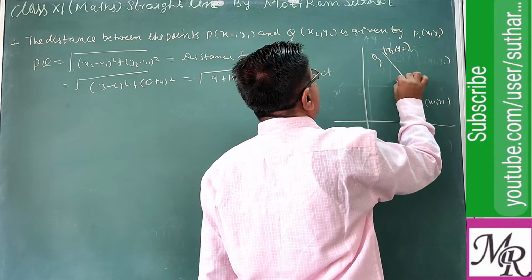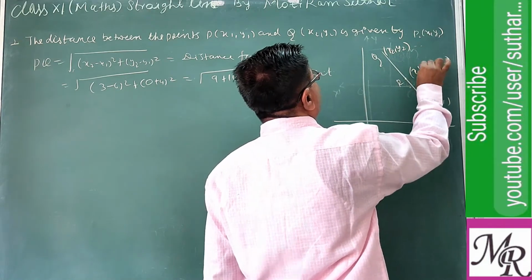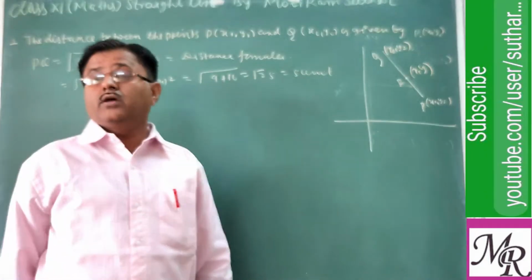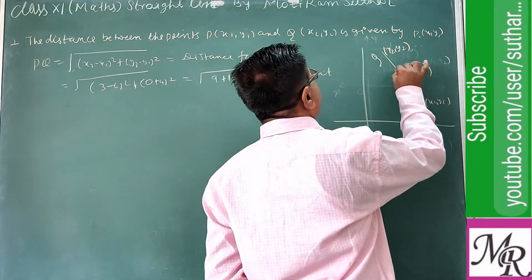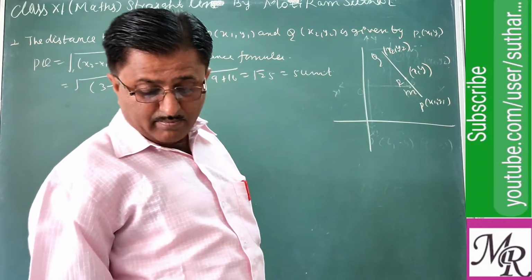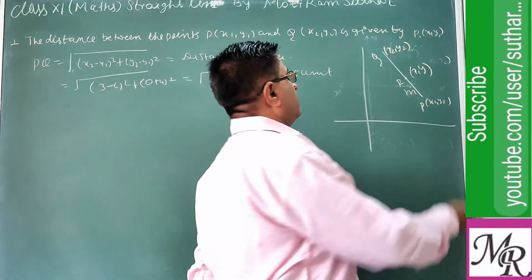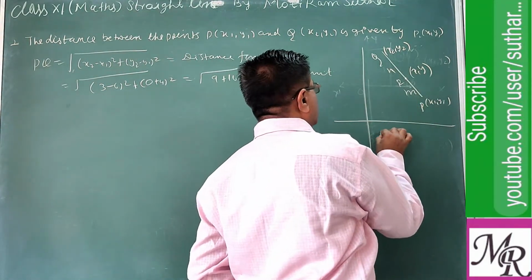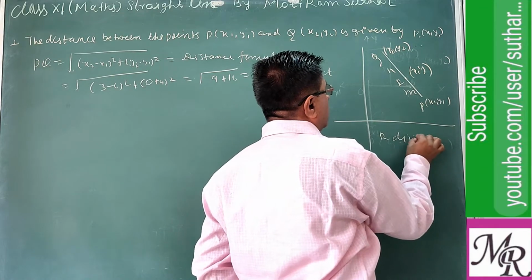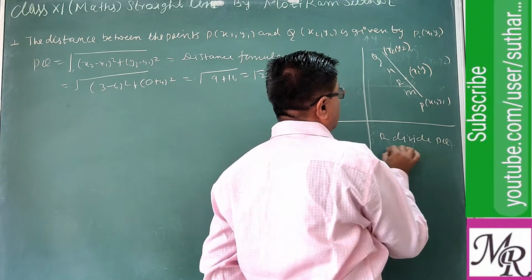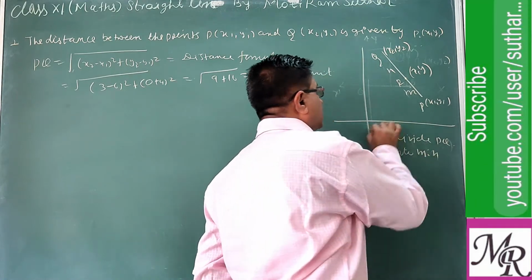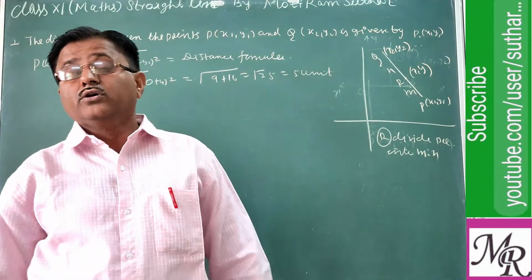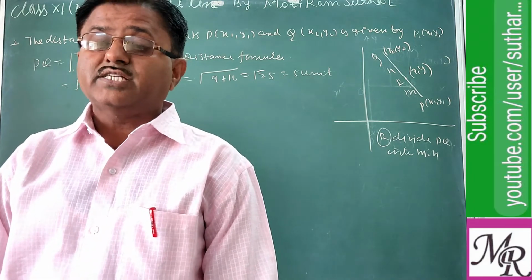Now there is a point R whose coordinates we want to find, which divides PQ in the ratio m to n. So here R divides PQ in the ratio m to n. Then what is the coordinate of R? That we call in that case the section formula.